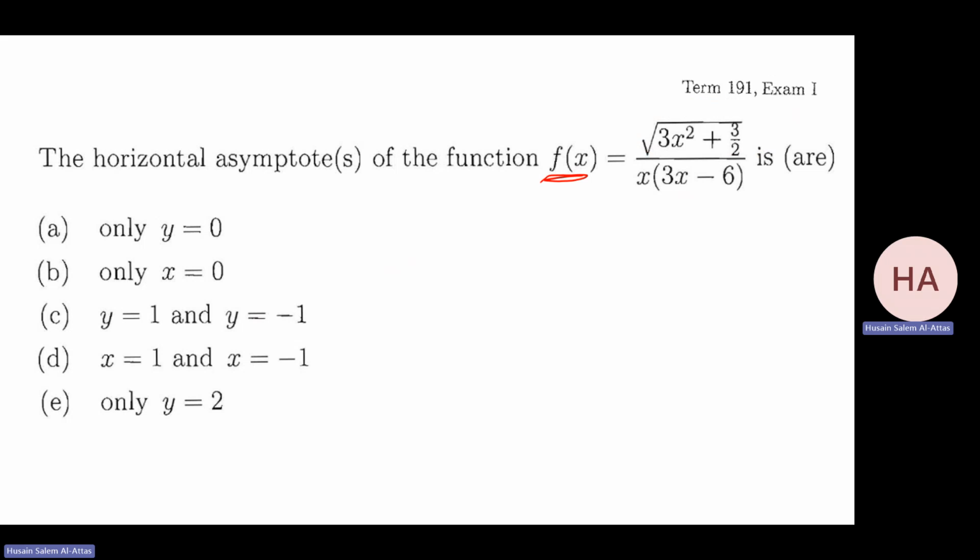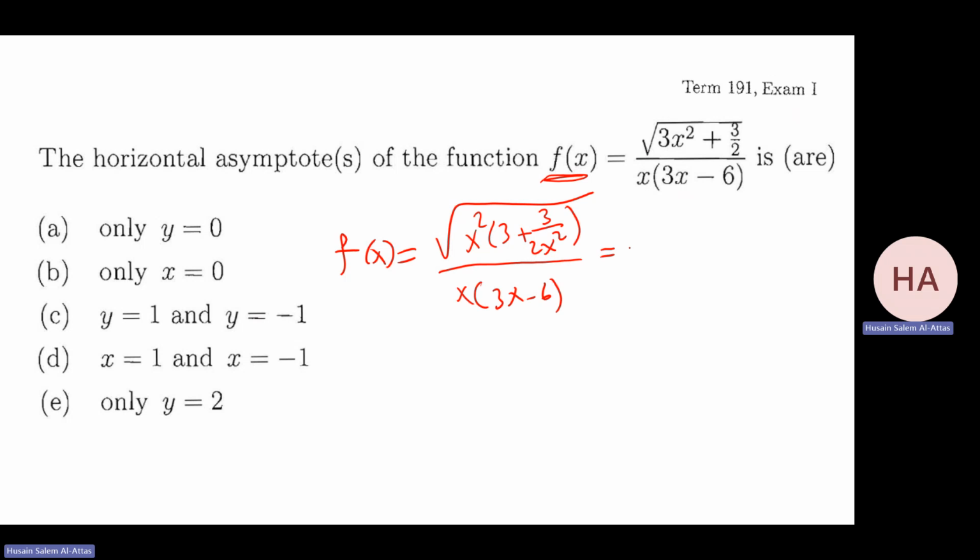We say this one will be what? Square root. I can take x squared as a common factor. Or I want to find the limit as x goes to infinity. Or let me just simplify f of x. Square root of x squared times 3 plus 3 over 2x squared. Here I have x times 3x minus 6. So that will be what? Absolute value of x, square root of 3 plus 3 over 2x squared, over x times 3x minus 6.